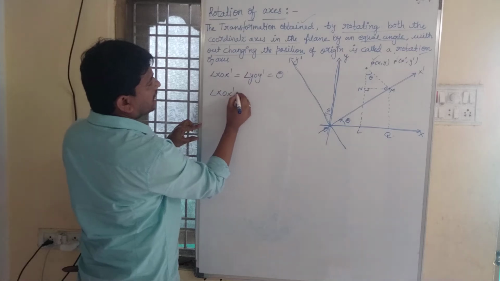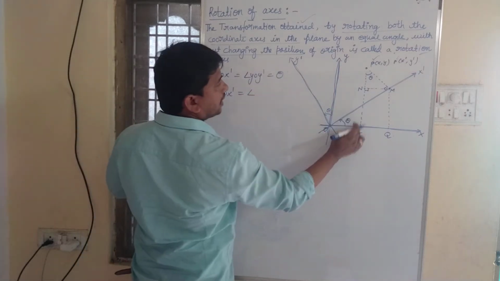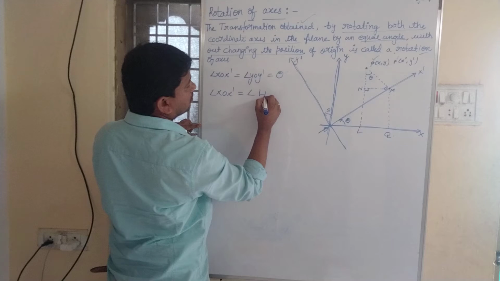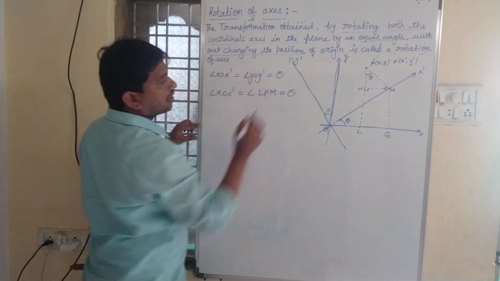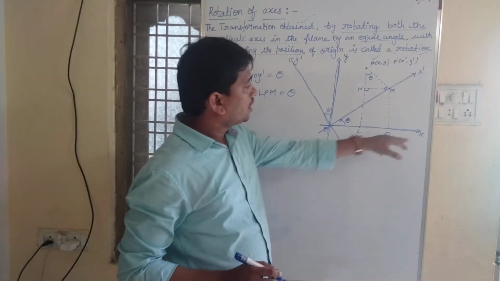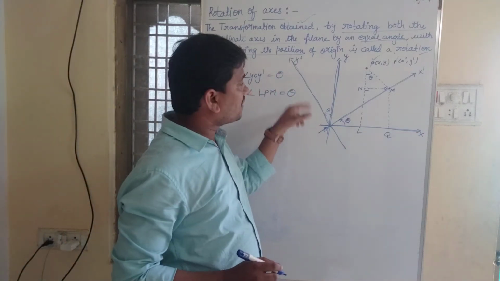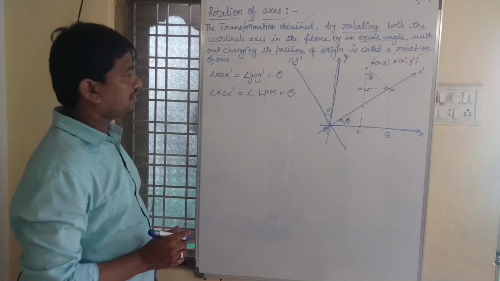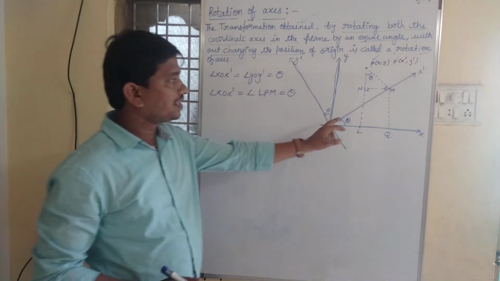Angle XOX dash is equal to angle LPM, that is also theta. Theta is the angle between the two straight lines as well as the coordinate axes. So that is our angle theta.